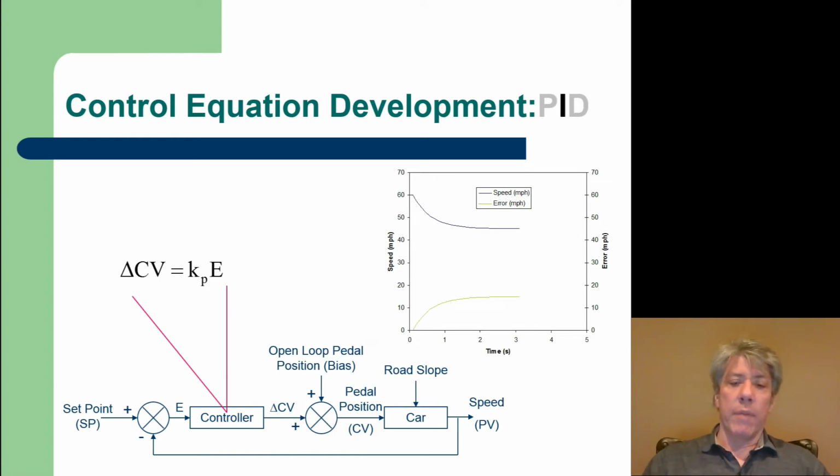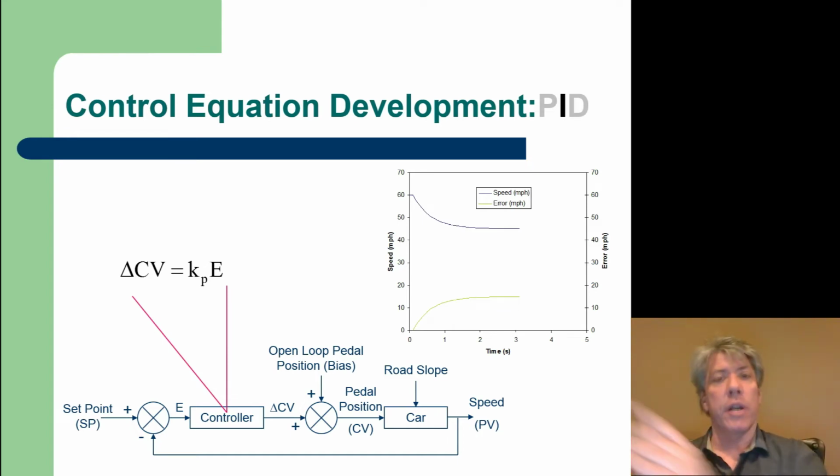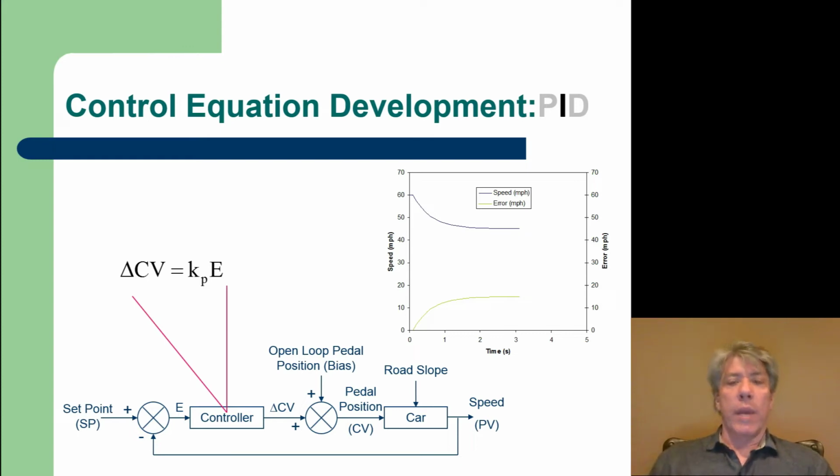And so what you might notice is that this proportional only effort will never actually get us to where we want to be. And the problem is that for the controller to change the gas pedal from its bias position to somewhere deeper so that our engine will put out more power, we have to have some error. Because think about it, if we were at 60 miles an hour, which is where we want to be, then the error is exactly 0.